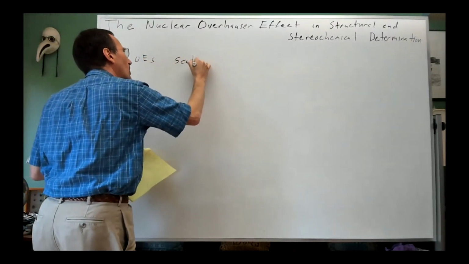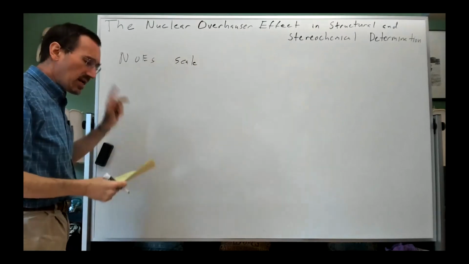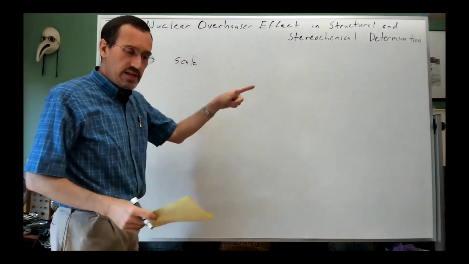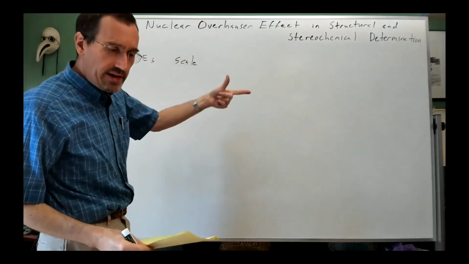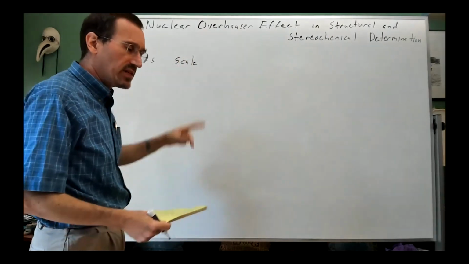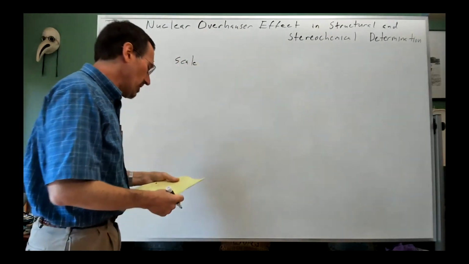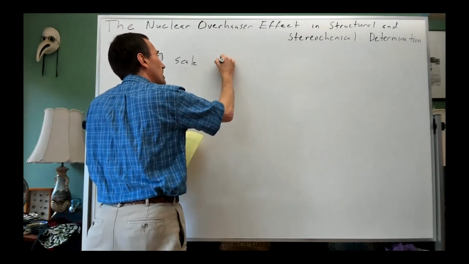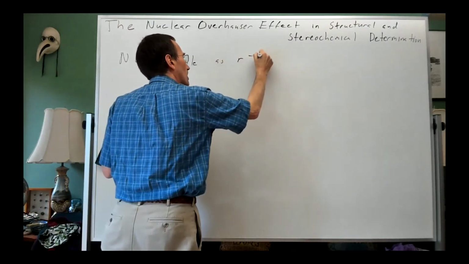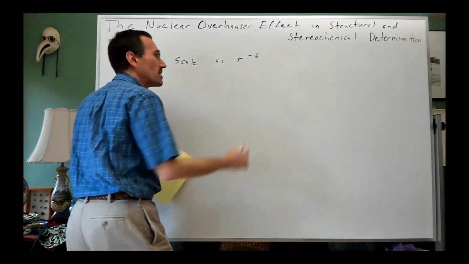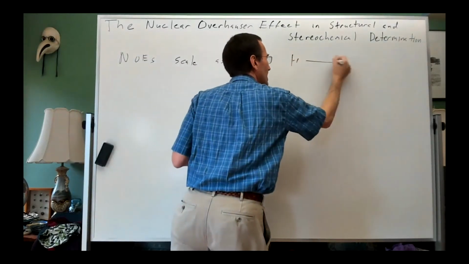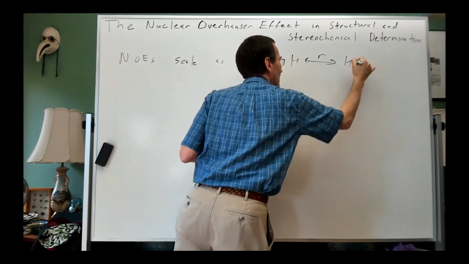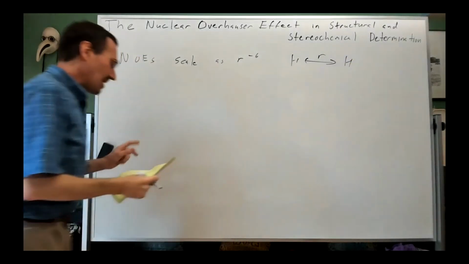All right, so NOEs scale, it's a dipole-dipole interaction, and dipoles have R to the -3 relationships on the strength of the dipole. And when you have two dipoles, it's an R to the -6 relationship. So as the distance between the hydrogens increases, it goes as R to the -6.